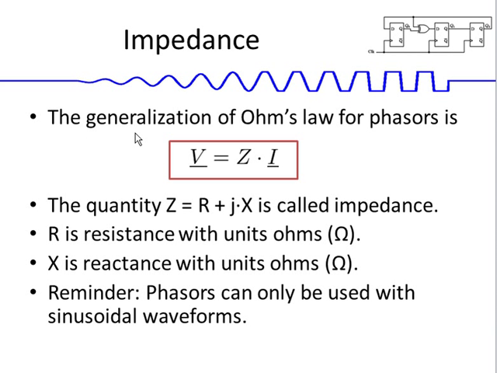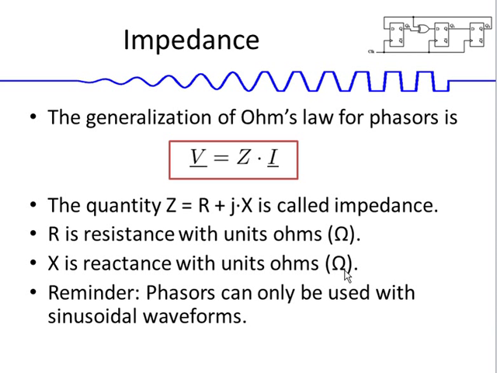The generalization of Ohm's law for phasors is V equals Z times I. So V and I here are again phasors. Z is a complex quantity and it is called impedance. Impedance Z is equal to R plus jX. R is resistance, like we have seen for regular resistors, and the units are ohms. X is the reactance, the resistance of a capacitor for sinusoidal waveforms.